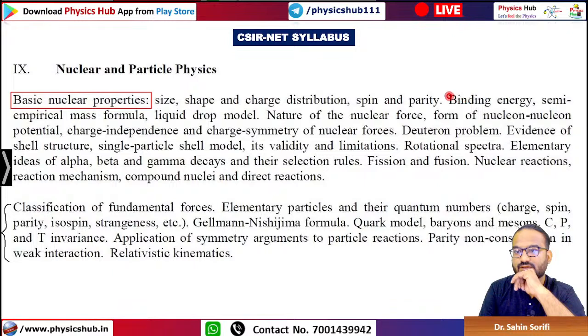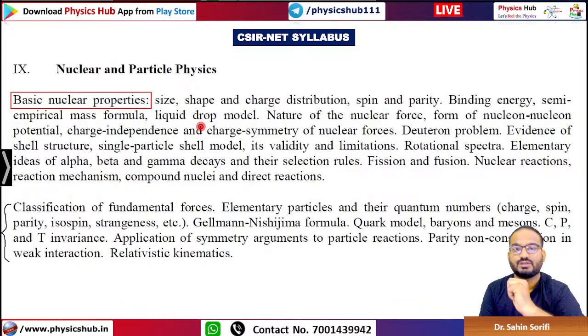After that we will go for the binding energy part, semi empirical mass formula, then different types of nuclear models, including liquid drop model, shell model and collective model. Other than that, Fermi gas model is also there, which we will cover.